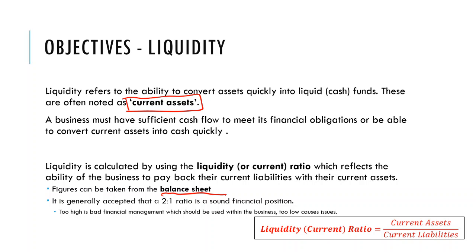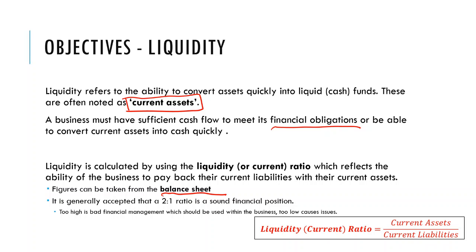We'll use liabilities and the term financial obligations almost interchangeably, but essentially a business needs to be able to pay off its debt quickly. And if you aren't able to pay off your debt, that could lead to a debt trap where you're borrowing more money to pay more debt, and that will continue and continue where you incur interest.